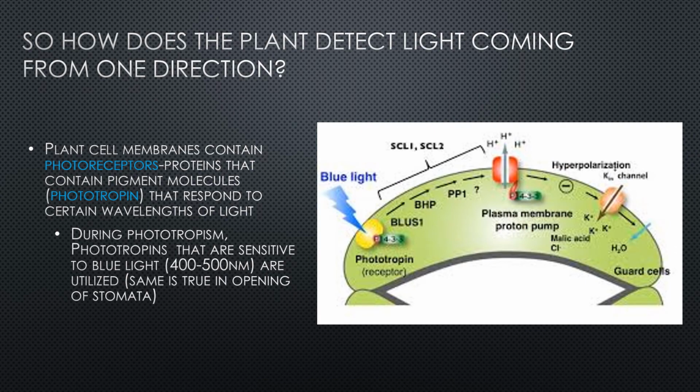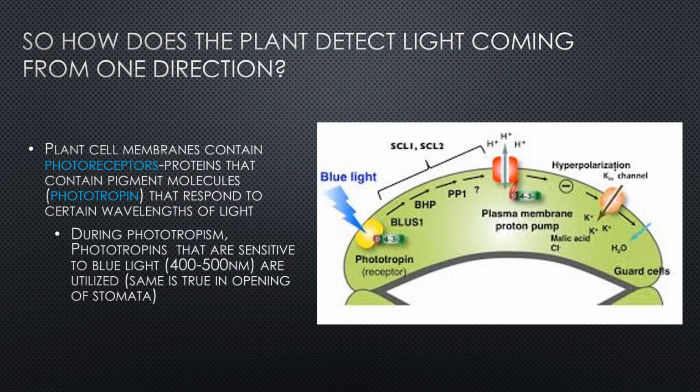Okay, so how do the plants detect light coming in from one direction? Remember I said that not everything is a ligand-gated receptor or ion channel. In plant cell membranes, they contain a protein that is what we call a photoreceptor. And so you have to know that plants respond to blue light specifically, and blue light is between 400 and 500 nanometers.